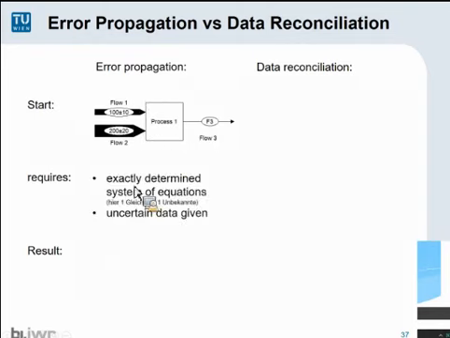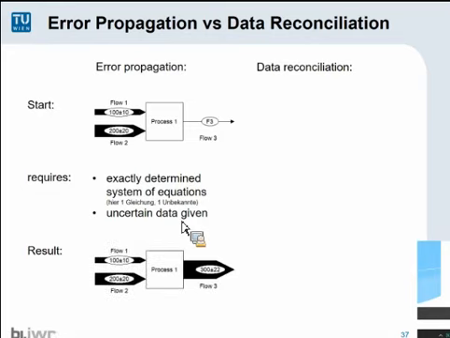So we have an exactly determined system of equations and we have uncertain data given. If these requirements are fulfilled, we can compute the uncertainty and the mean value of flow 3 by error propagation, and that's the result. But you also should be aware that the original given data are not changed during error propagation. The only thing that you get is the mean value and the uncertainty of the unknown flows.